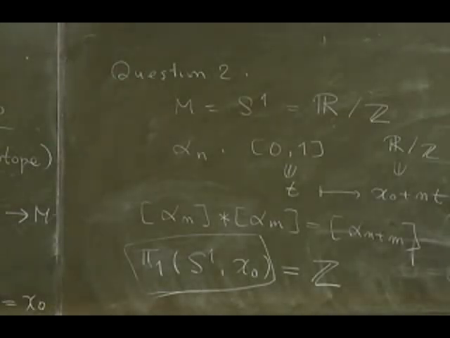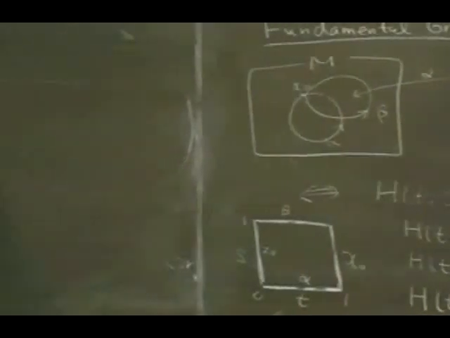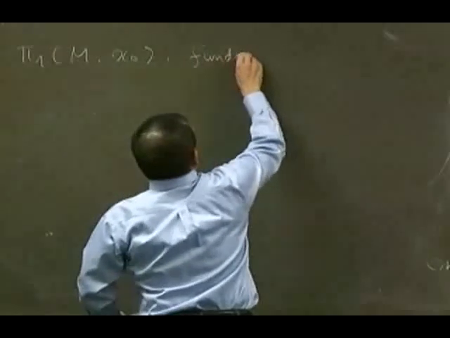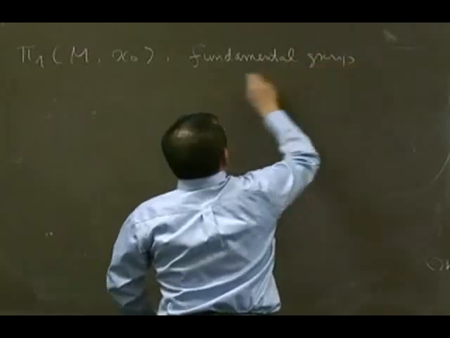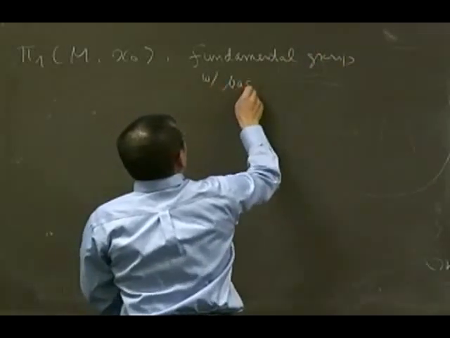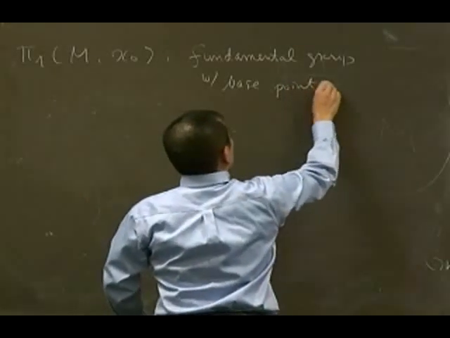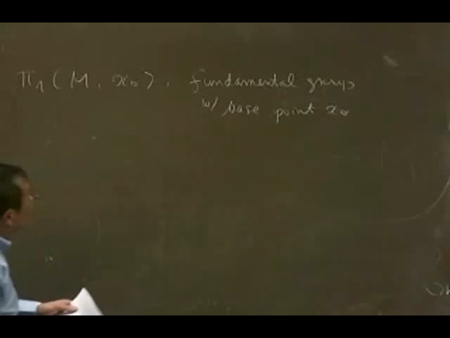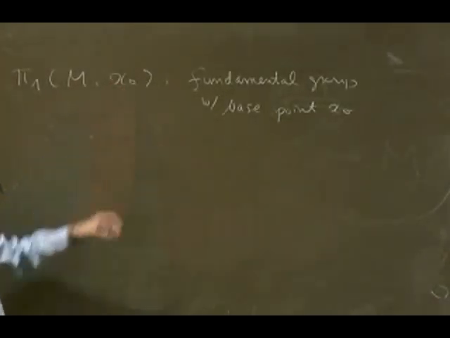So pi 1 of M with base point x0 is the fundamental group with base point x0. But it's sort of awkward to have this reference to the base point.